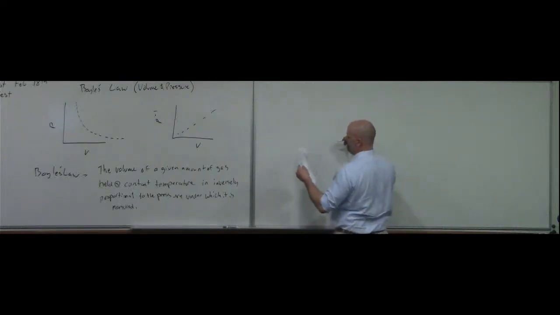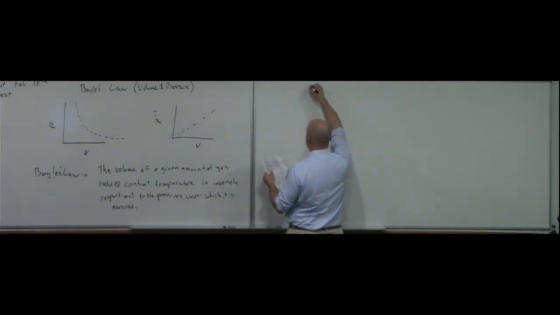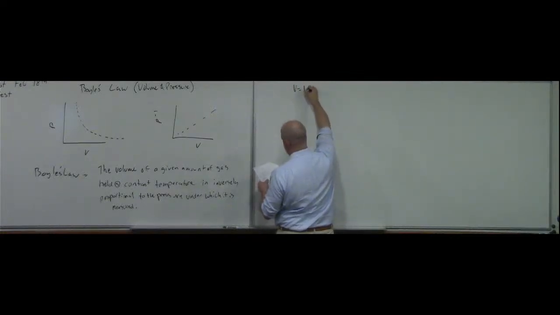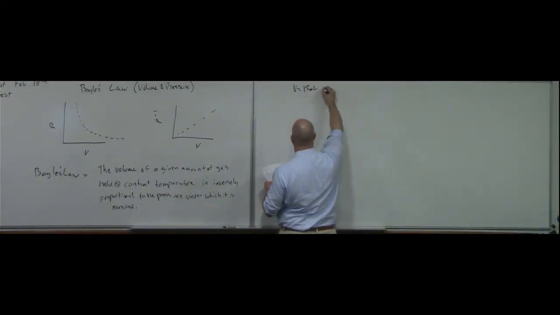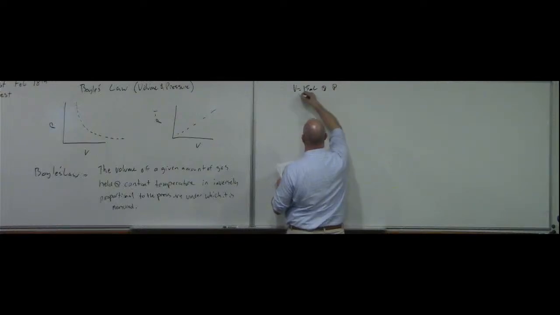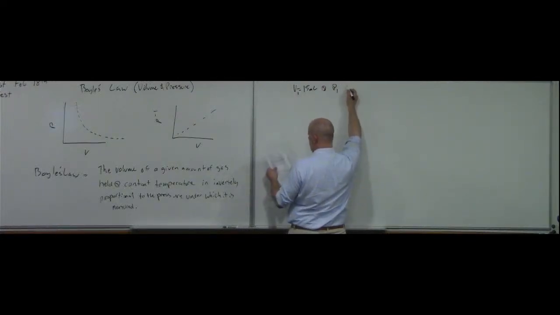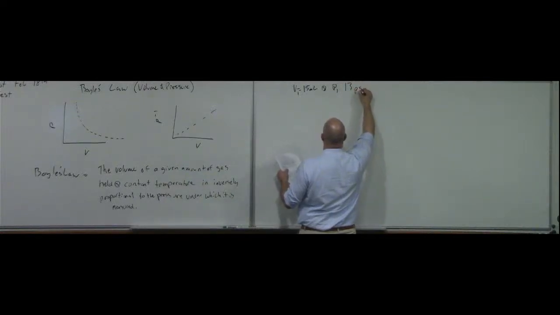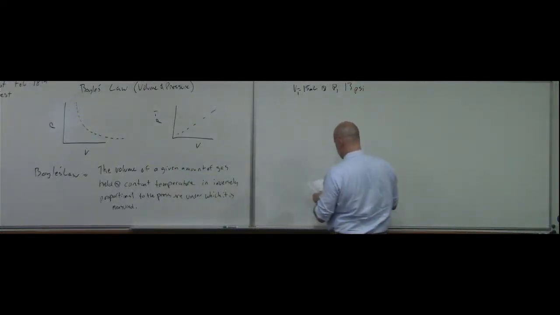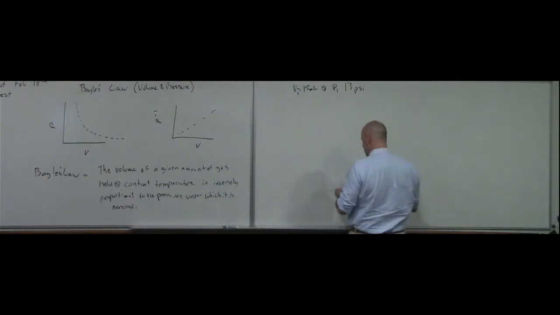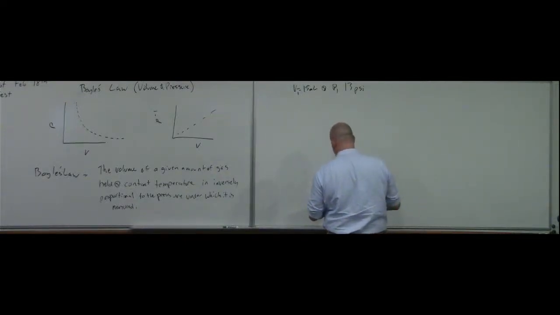Okay, so we have a sample of gas with a volume of 15 milliliters at a pressure of 13 psi. Determine the pressure of the gas at a volume of 7.5 milliliters.